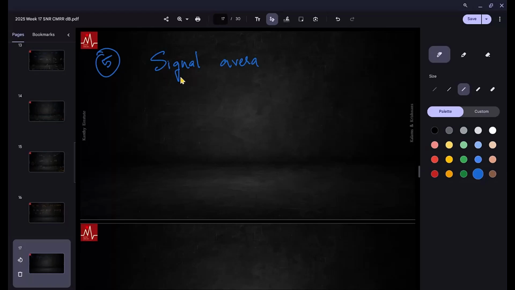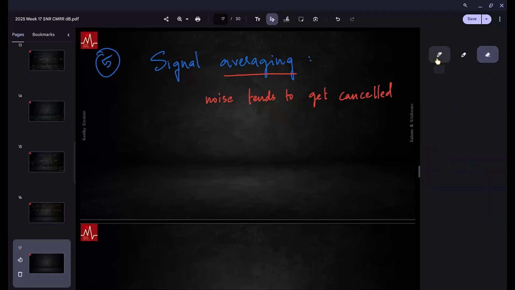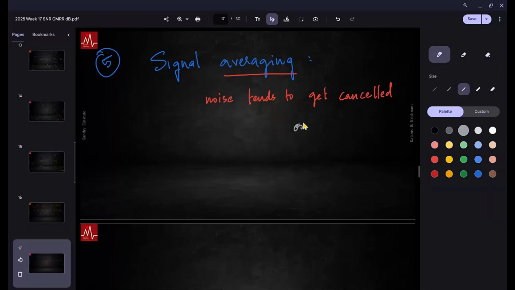This is just average. By default, this is simple averaging. Not squaring noise and averaging them. It's just averaging noise. Okay, it tends to get cancelled, or get reduced.